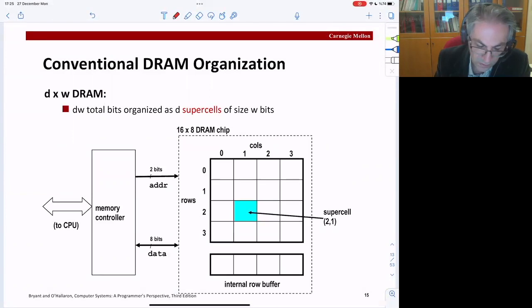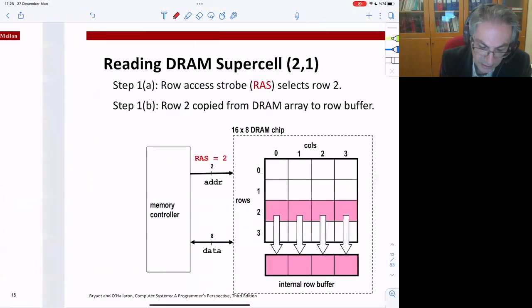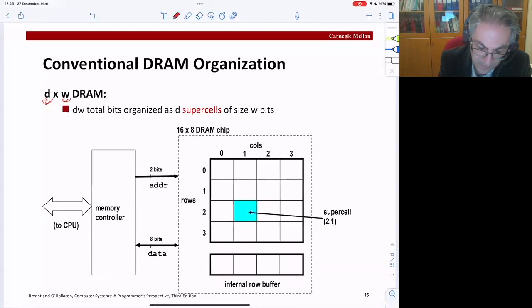So in the conventional DRAM organization, the bits are organized as D supercells of size W bits. Here, for example, it is a 16 by 8 DRAM chip, so D is 16 and W is 8.